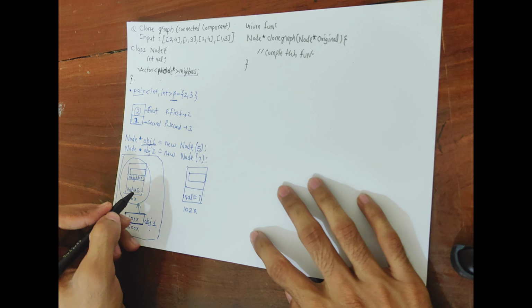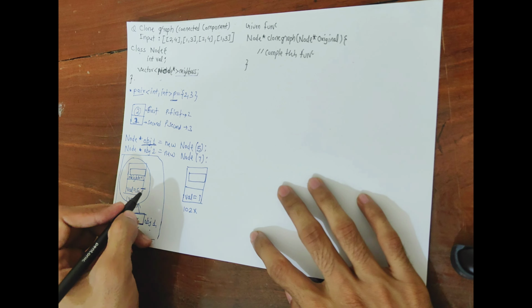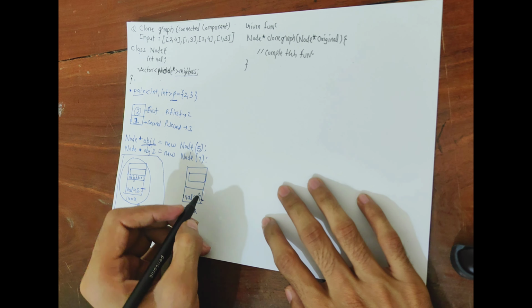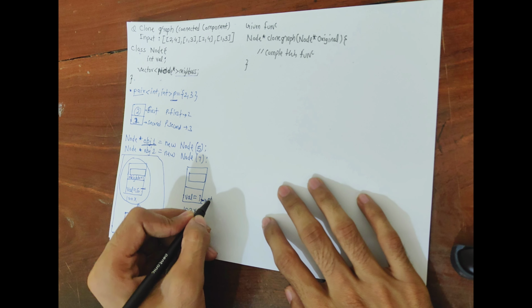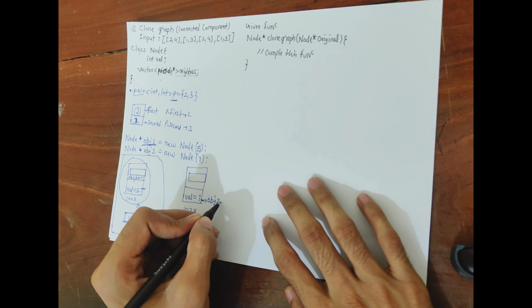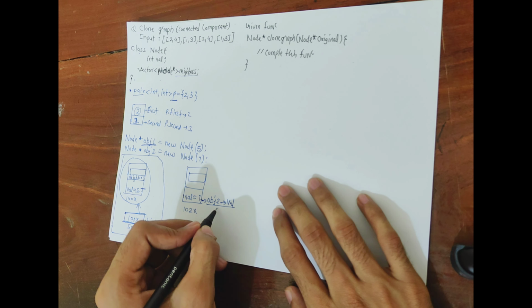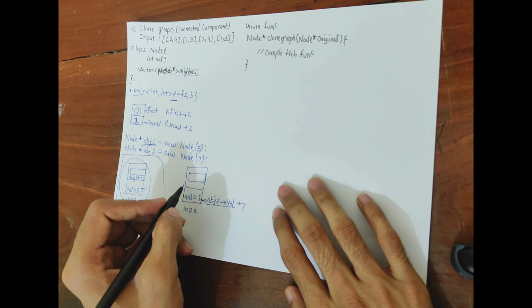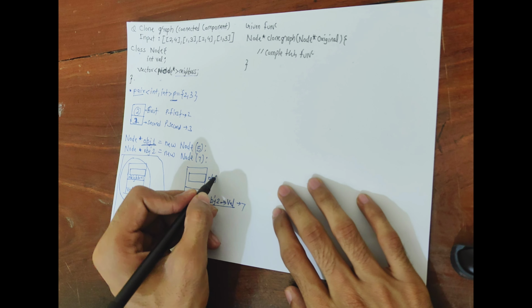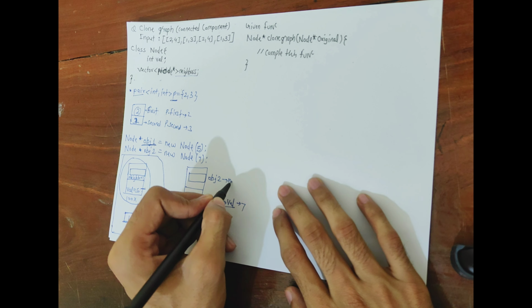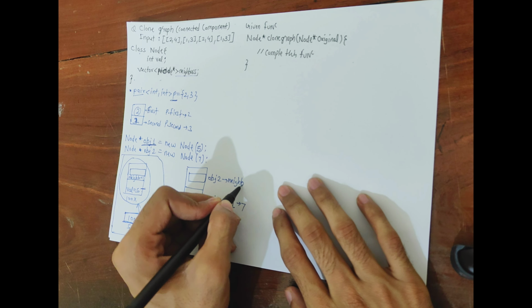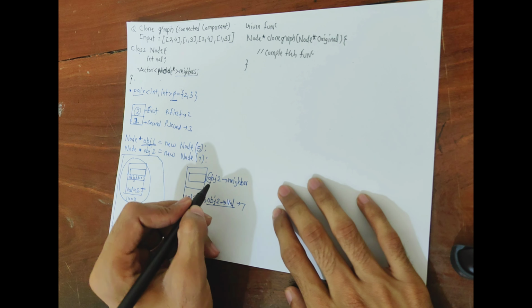Now if I wanted to access this, what I need to do is say obj2.value. This will give me the value 7. Now if I say obj2.neighbors, then this becomes the vector.